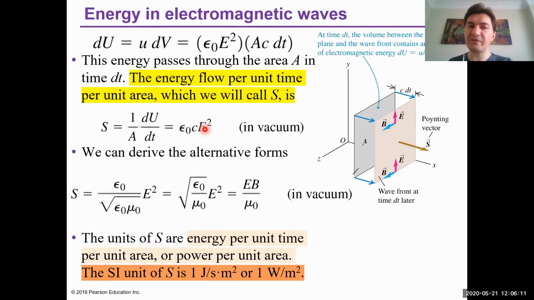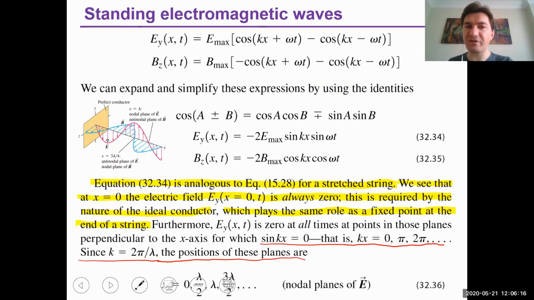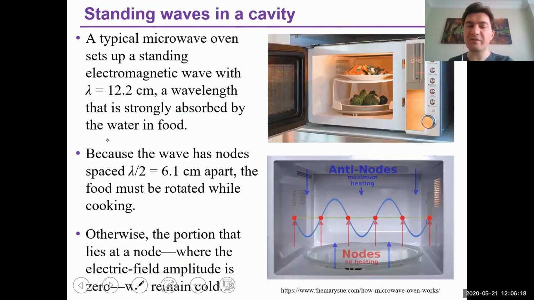If you have an electric field, then you have energy. So you can transfer that energy to the food within the microwave oven, then you can heat it, okay? At the position of the nodes, the electric field is 0. For this reason, there is no heating. But at the antinodes, the electric field is maximum, then we have maximum heating.